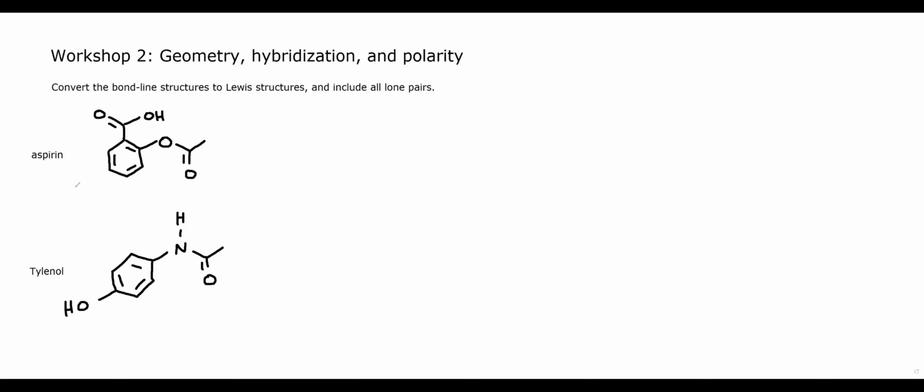So taking the bond line structures, let's convert them to Lewis structures. We'll start up top with aspirin, acetylsalicylic acid. Let's draw first the 6-membered ring. This is a very common 6-membered ring. I'm actually going to draw these way over here just so we have more space.